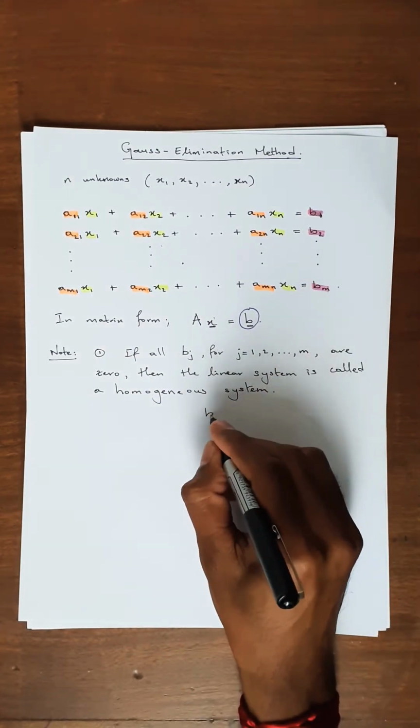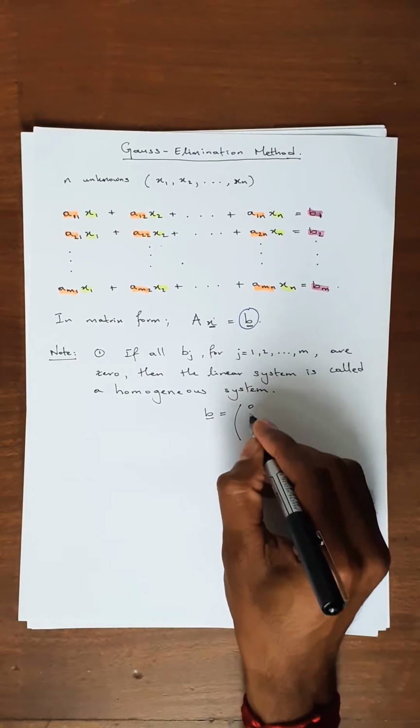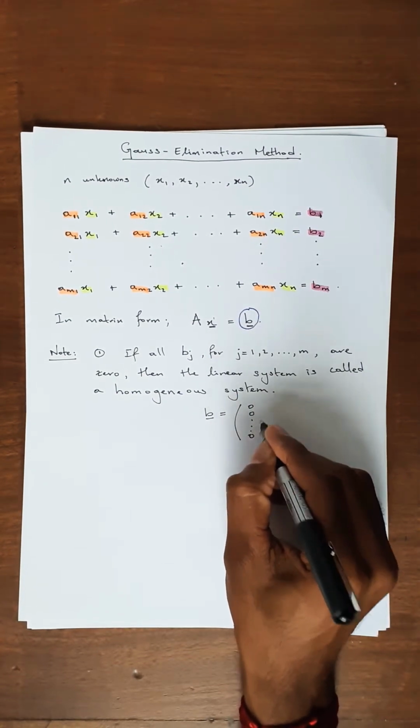That is, your b vector simply has values of 0.